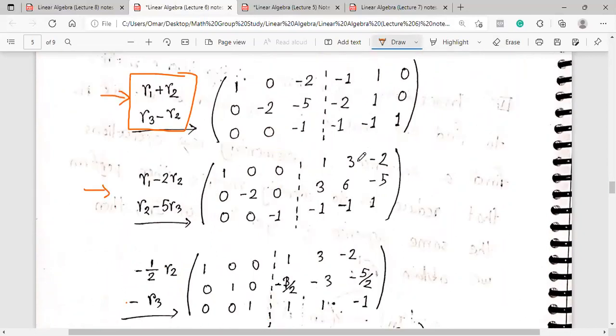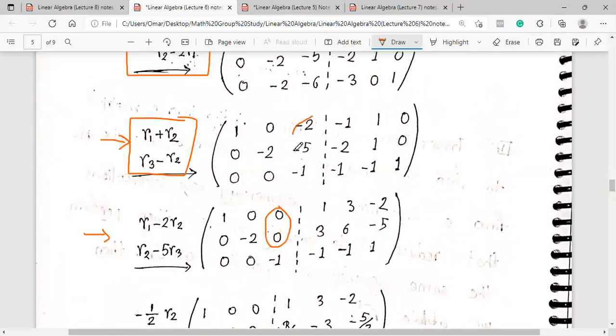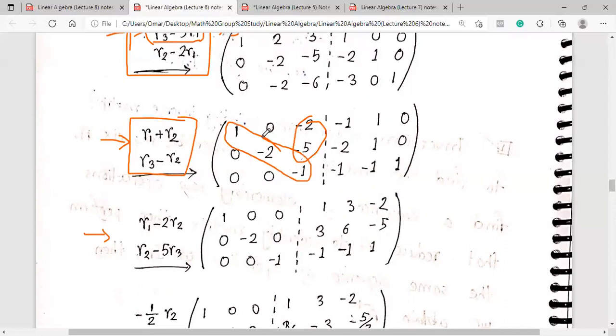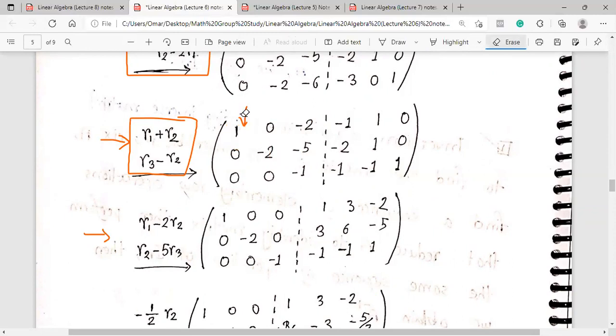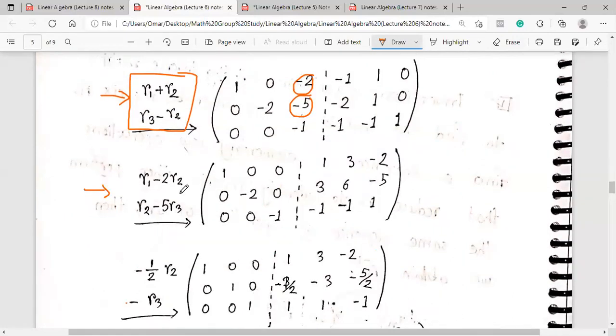So now let's think how can we make these two values as 0, okay? Because we know that this is our main diagonal, right? So we need to make all the other values as 0. And for the main diagonal, these three values will be 1, okay? 1, 1, and 1. So to make these two entries as 0, we can do this kind of operation, like we multiply 2 with the second row, and we subtract the second row from the first row.